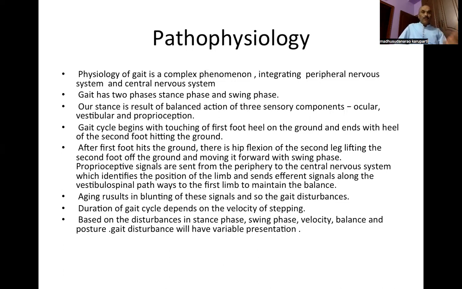Okay. After the first foot hits the ground, there is hip flexion of the second leg, lifting the second foot off the ground and moving it forward with the swing phase. Okay.